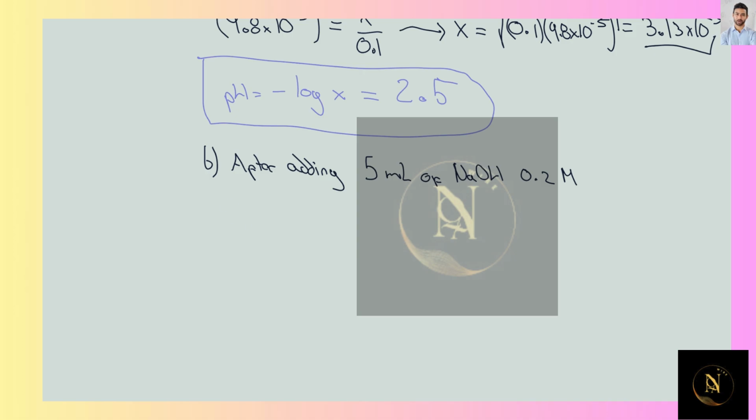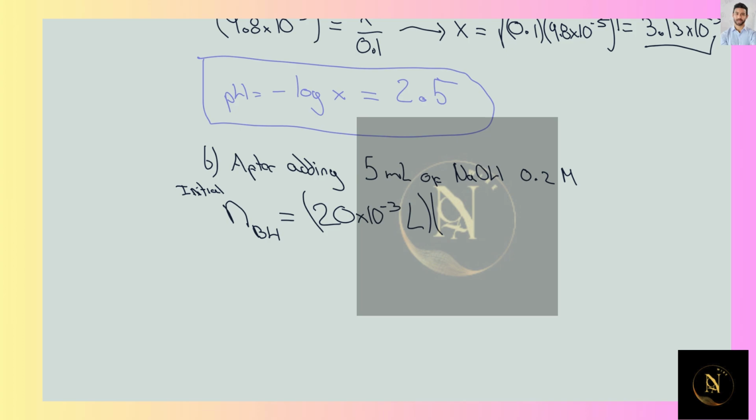So, amount of mole of barbituric acid at the beginning, which is going to be the volume that we have of our solution, that is 20 milliliters. We are going to convert that to liters simply by multiplying by 10 to the minus 3.